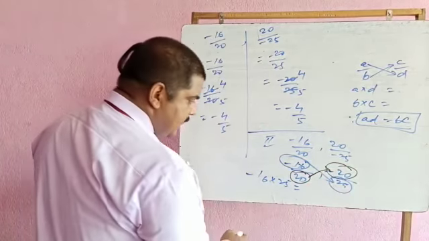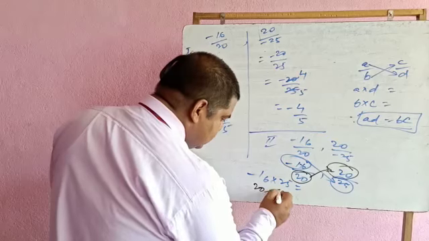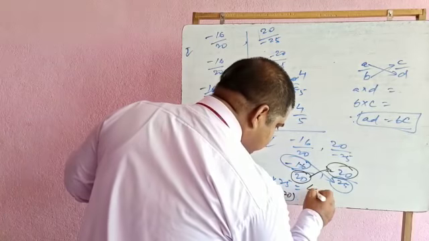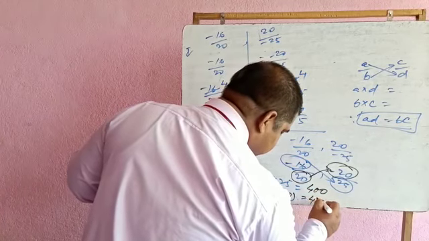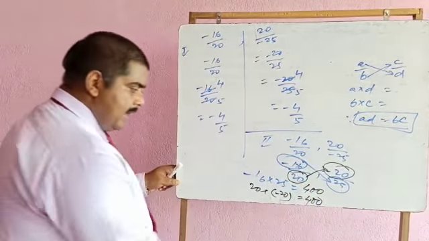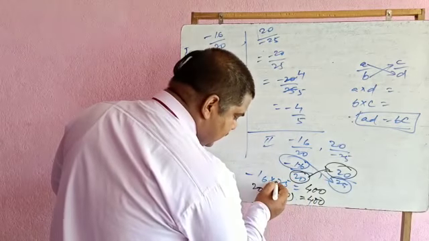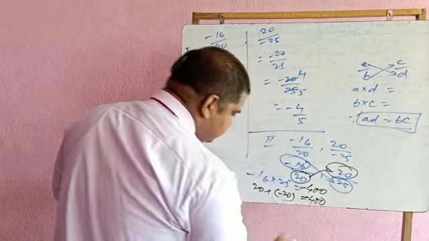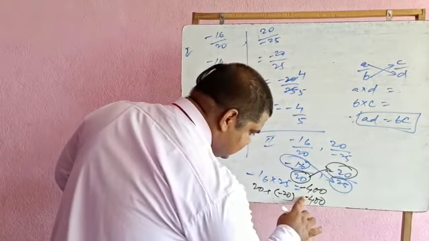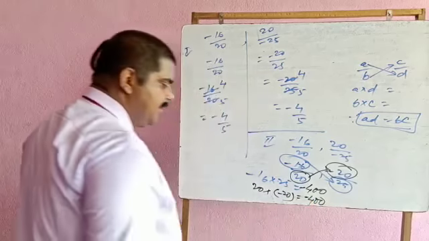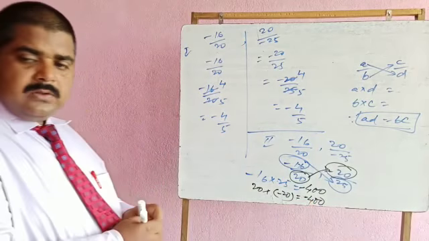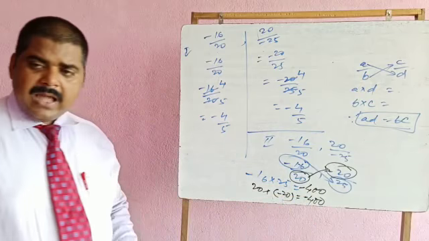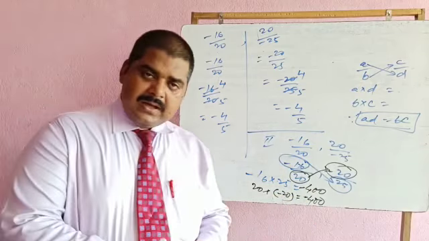When you multiply 20 with minus 20, what do you get? In both cases, you get 400, and there is a minus sign. So the final result is minus 400. So the product in this case, minus 400 and minus 400, are equal.